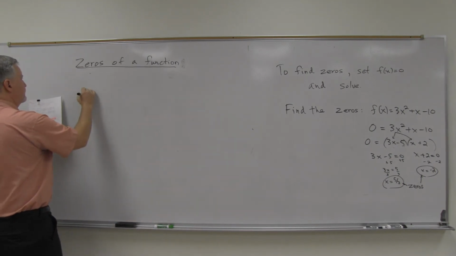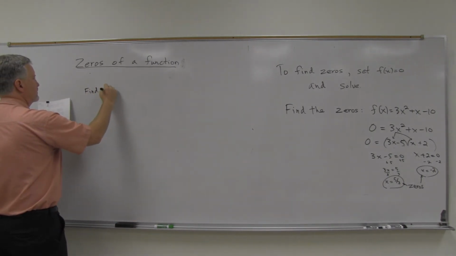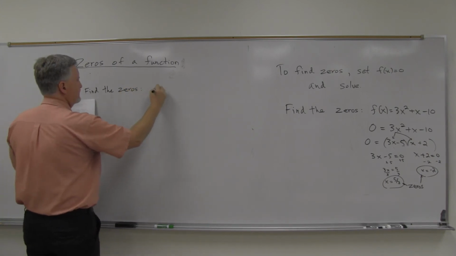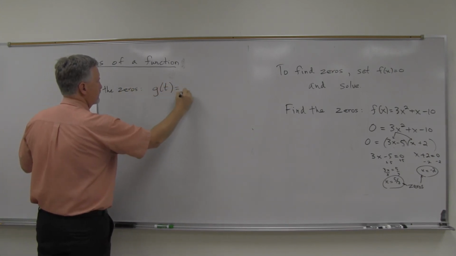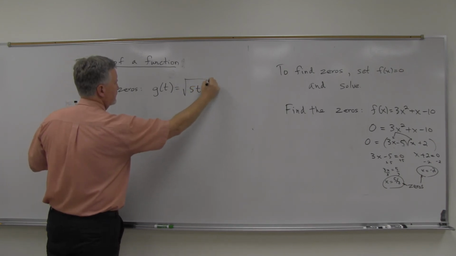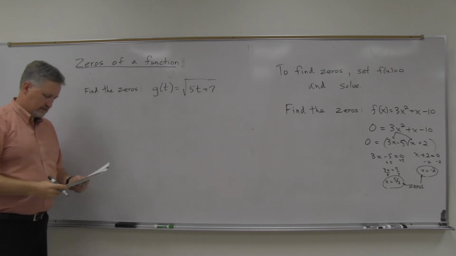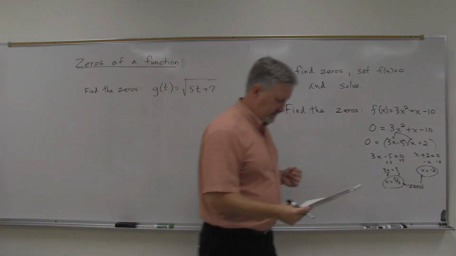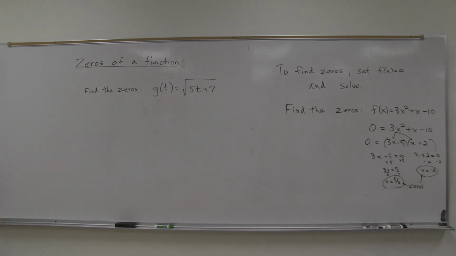All right. Find zeros. g of t equals square root of 5t plus 7. Well, all right, so this one is not an f of x, but what are we going to do?